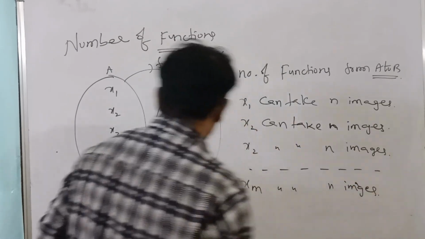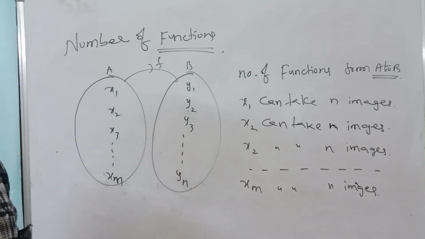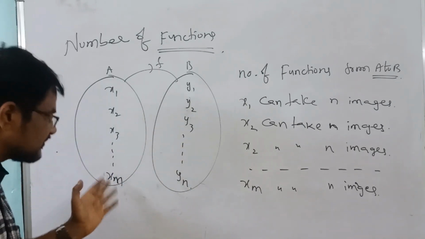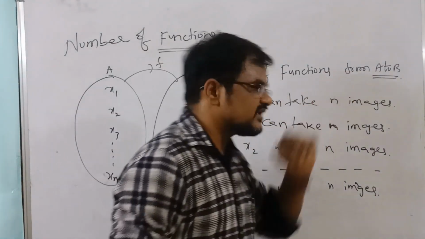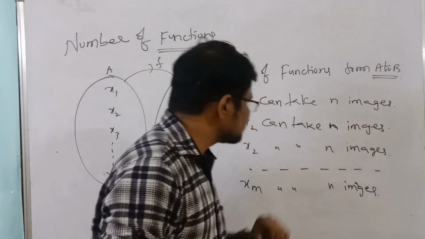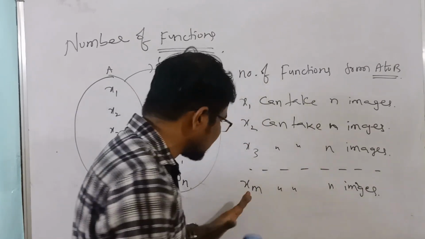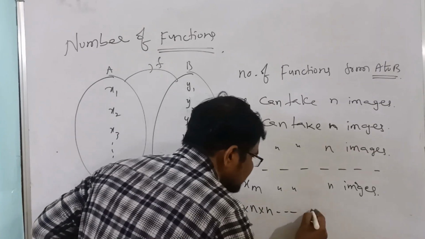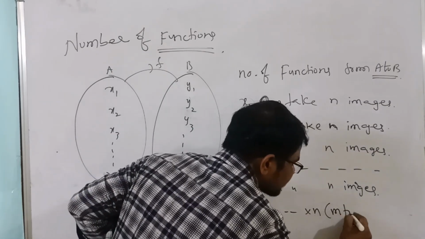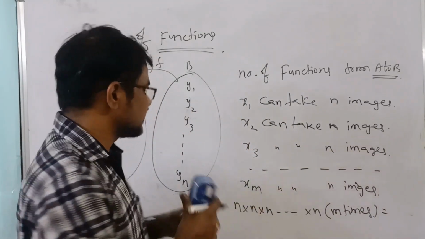So any one image can be taken as the image of x1, and similarly for xm. Now x1 can take n images, x2 can take n images, x3 also n images, and so on, so n into n and so on, into n. How many times? m times.